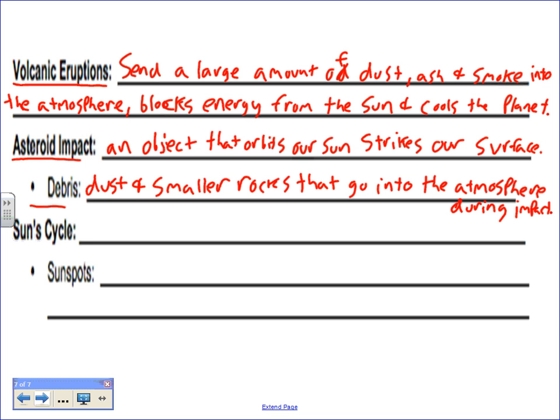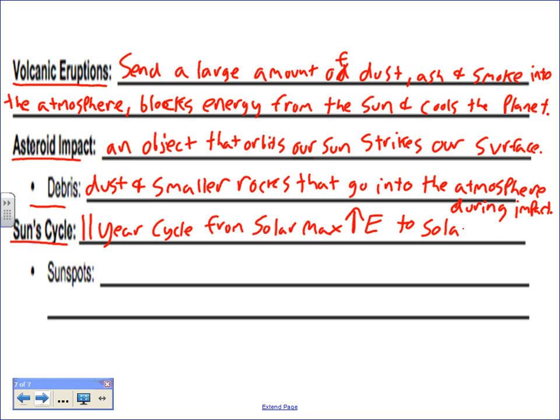All right? And the last thing that we're going to talk about that changes our climate is the sun's cycle. And this is basically an 11-year cycle from solar maximum, and that's increased energy and radiation, to solar minimum.